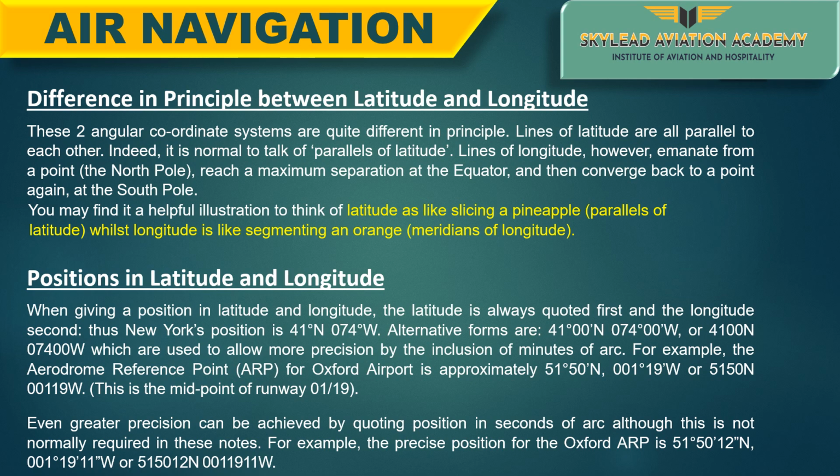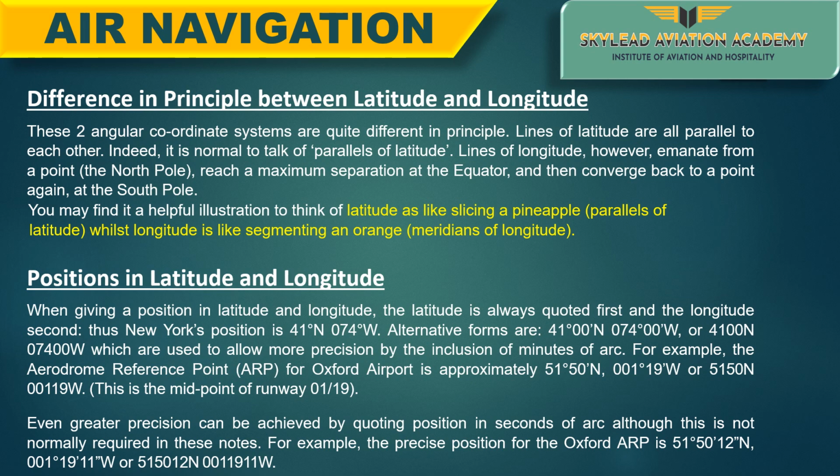Difference in principle between latitude and longitude. These two angular coordinate systems are quite different in principle. Lines of latitude are all parallel to each other. Indeed, it is normal to talk of parallels of latitude.